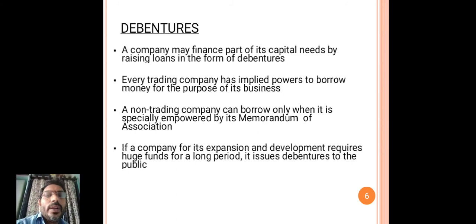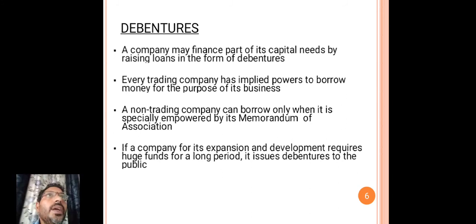The company has already started and is doing its business, and for expansion or development it needs a huge amount of capital for a long period. So it issues debentures to the public.